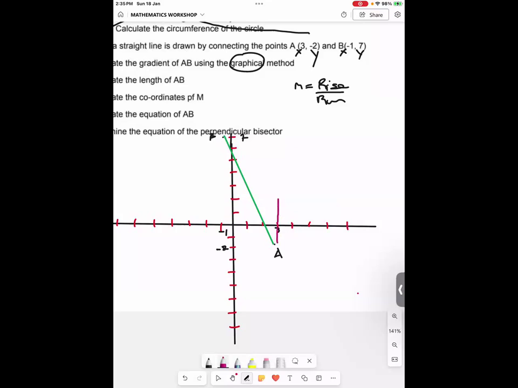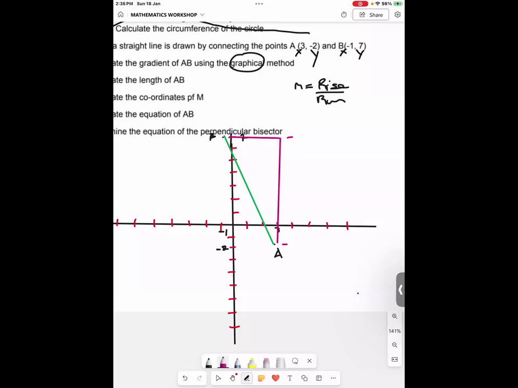If I rise from here, that's my rise. And then now I'm going to run towards B. So run has to be horizontal. So I'm going to run towards B like that. That's my run distance. So now I need to figure out what is the distance between here and here. How tall is that line? What's the height of that line?